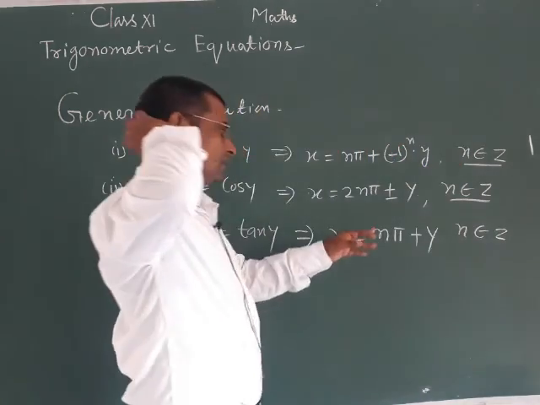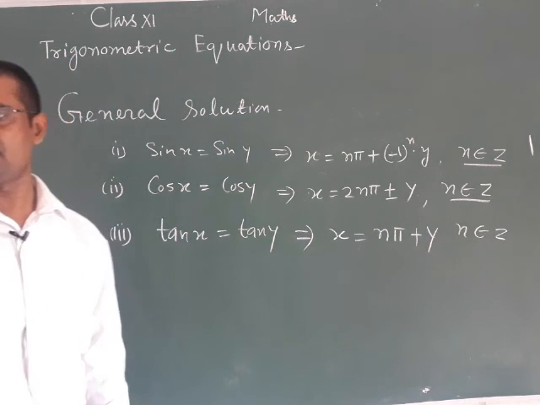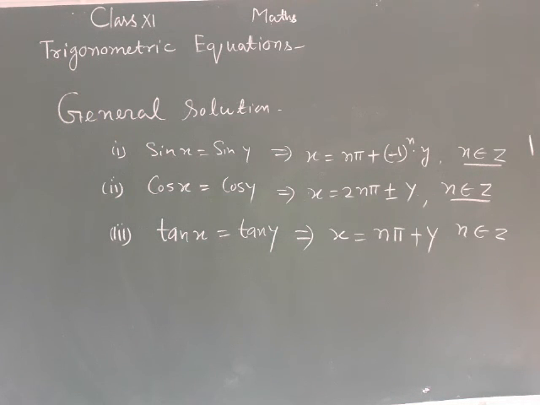N belongs to Z means integers 0, 1, 2, 3, 4, 5, and so on.